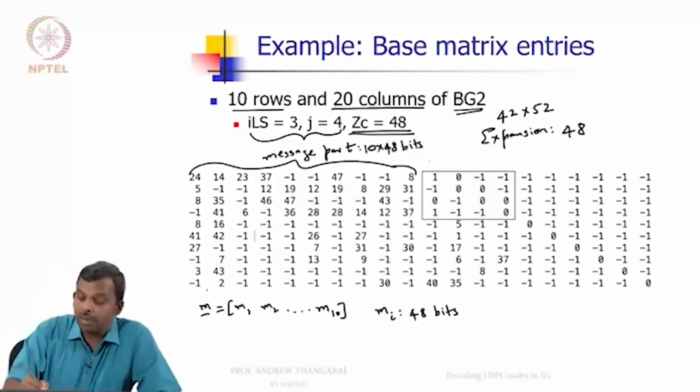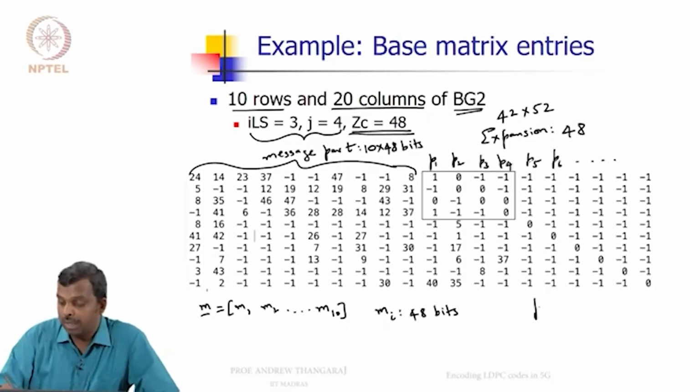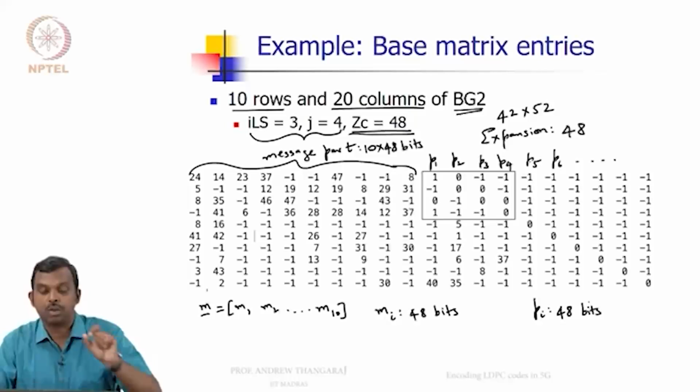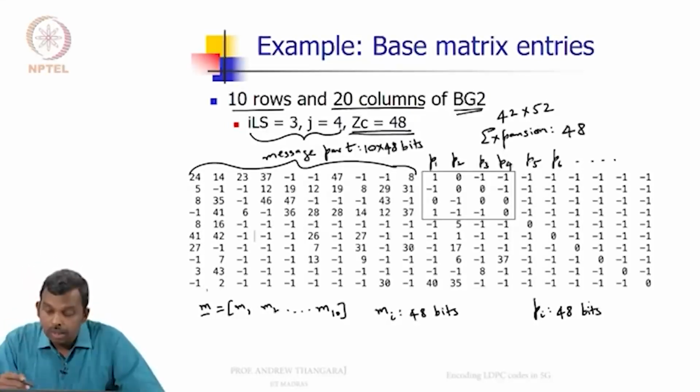And then you'll have the parities. This is the first parity, second parity, third parity, fourth parity, fifth parity, and so on. Each Pi is also 48 bits. In the base matrix, you have to think of each of these things as a block of bits. Now if you look at it, except for this 4 by 4 part which I have shown in the box here, I actually have an identity matrix.